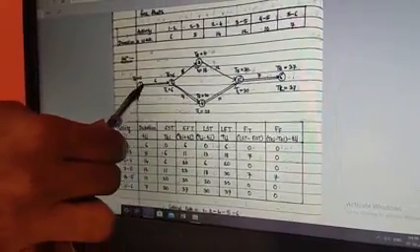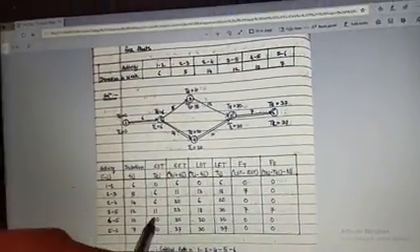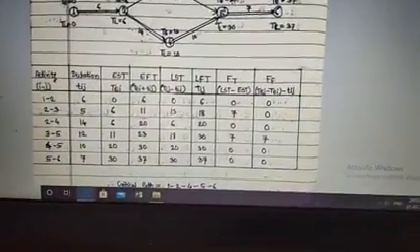Now if you consider the duration, for 1 to 2 it is 6, for 2 to 4 it is 14. So 6 plus 14 is going to be 20. After spending 20 weeks of duration, then only I can go for the next activity. That is why 20 will become the early start time for my activity called 4 to 5.